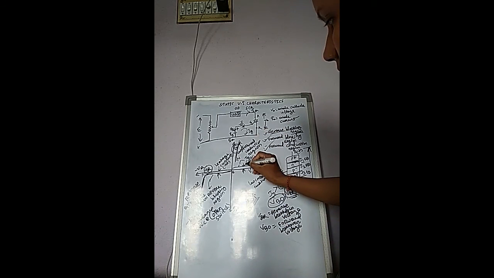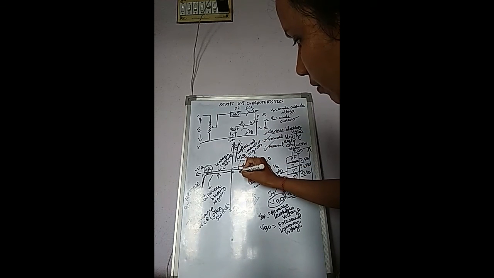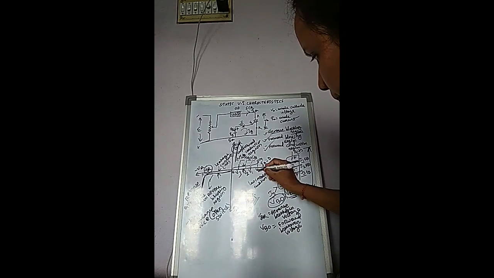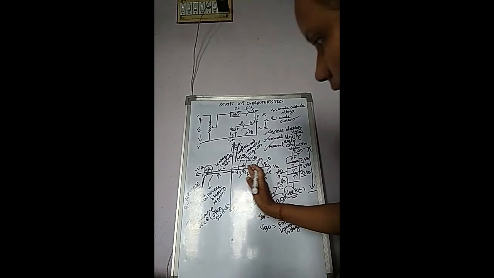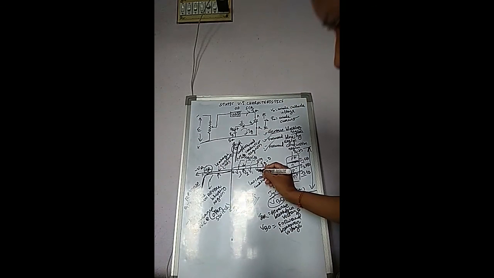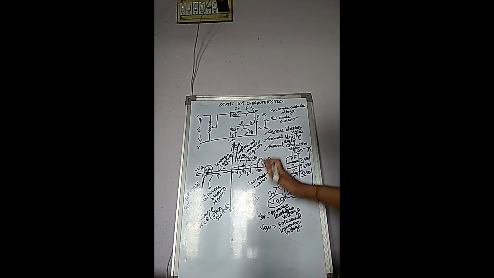So gradually, when I increase the gate current level, the forward breakover voltage level is reduced. At this level the breakover voltage is V2, and here, with Ig3, the breakover voltage is V3. So what you see is that gradually the Ig value increases and the voltage level decreases. It goes towards the 0 level. If I go from 0 this way, the voltage value increases; if I go from this part this way, the voltage level decreases.